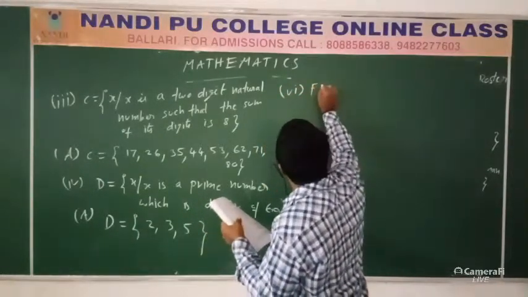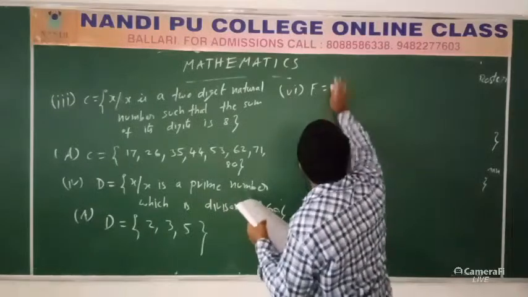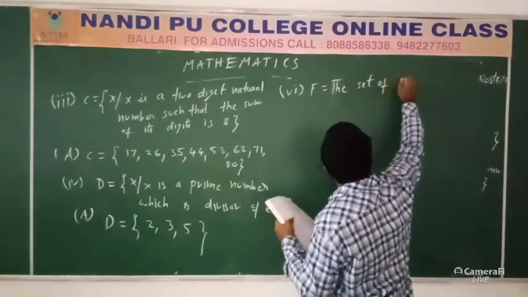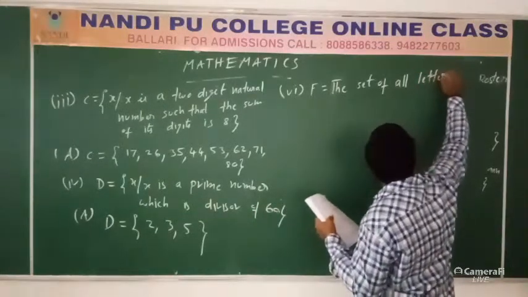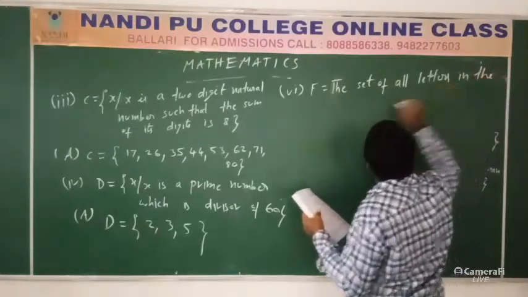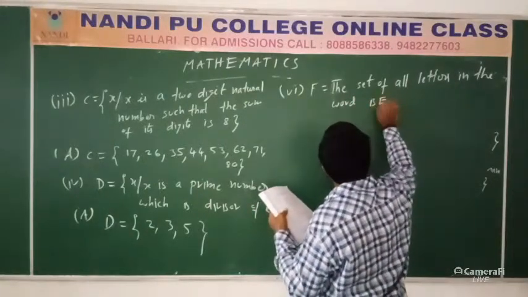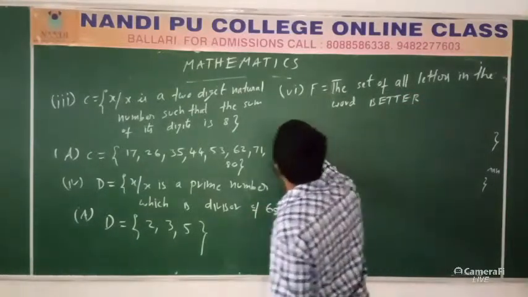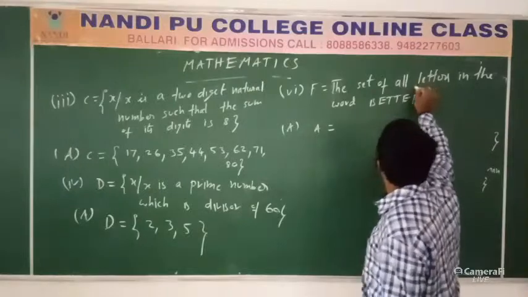F is equal to the set of all letters of the word. It is given like this only, the long brackets are not written here. They are asking for the set of all letters.